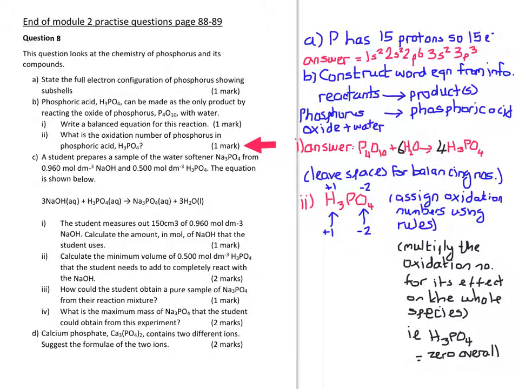So each individual hydrogen is +1. Each individual oxygen is -2. But the oxidation number of the whole species, the H3PO4, has to be 0. So now we need to multiply the individual oxidation numbers up to see what effect they have on that overall charge or not, as the case may be.